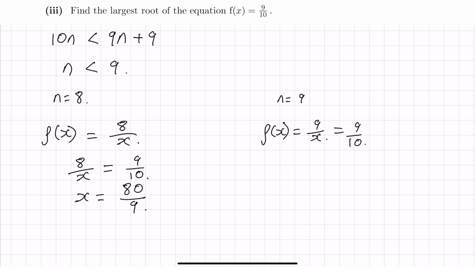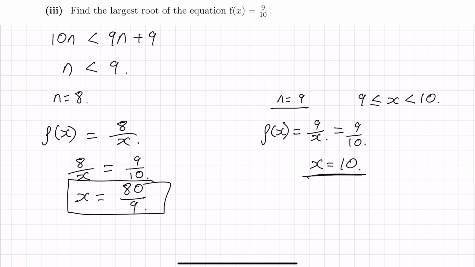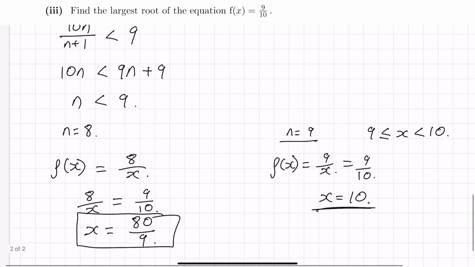Then I would have had x equals 10, which is technically outside my range, because for this I need 9 less than or equal to x less than 10. At 10, the top would no longer be the value of 9, it would be 10. So this is my highest value. Perfect, so that's part 3 done. We've solved all of part 3.